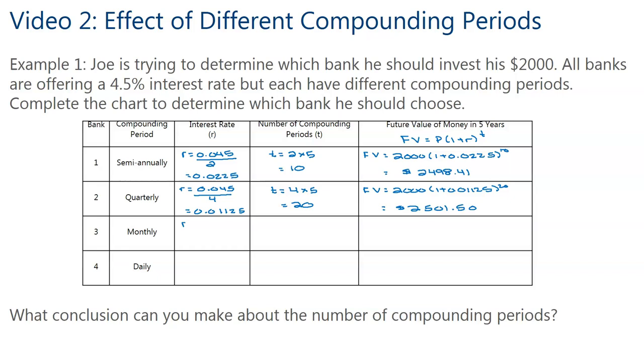Now for Bank 3, we have to divide 0.045 by 12, because it's monthly. And that works out to be 0.00375. So now in total, there would be 12 times 5 compounding periods, or 60 altogether.